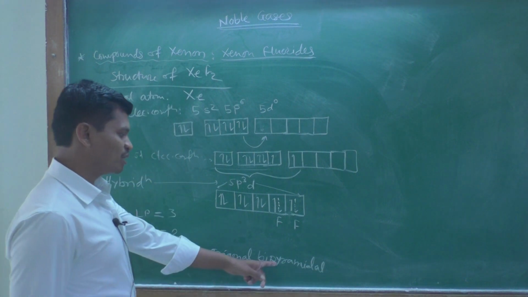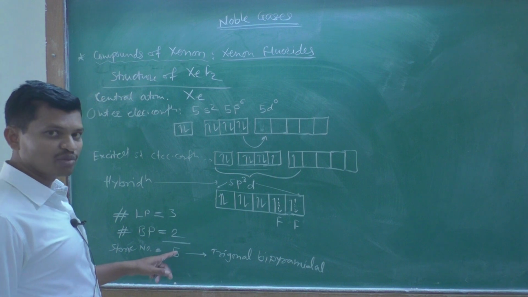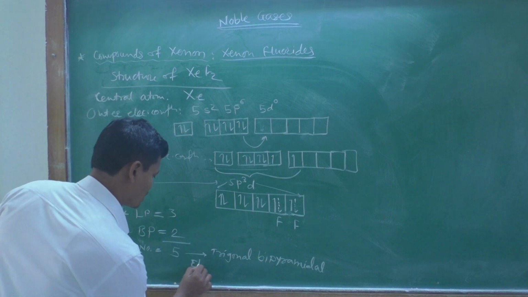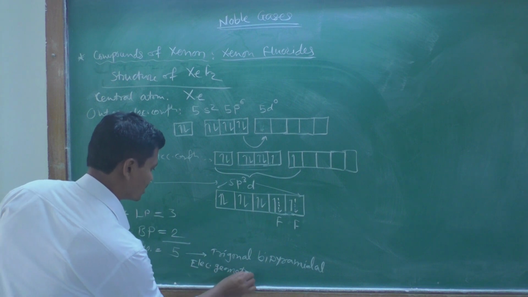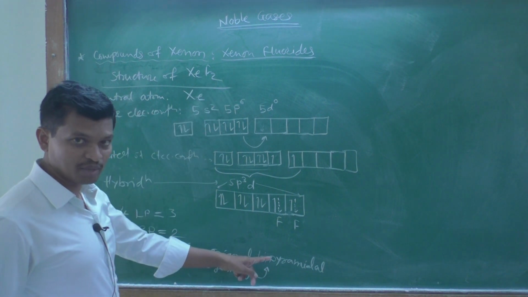So trigonal bipyramidal geometry is consistent with the steric number 5, and hence the electronic geometry of xenon difluoride is trigonal bipyramidal.